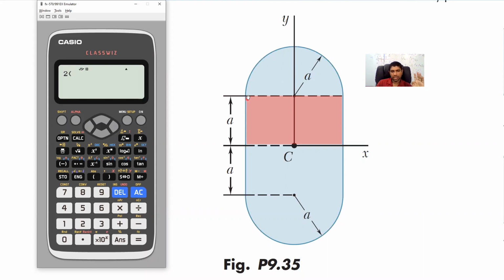So for the rectangle, it is given by 1/3 bh cubed. b is now 2a.